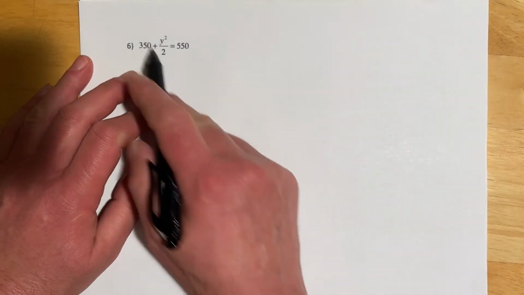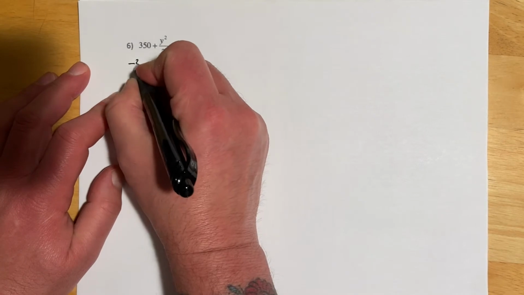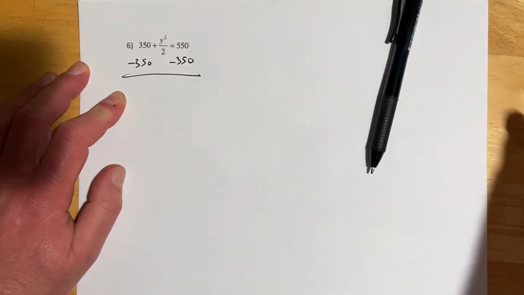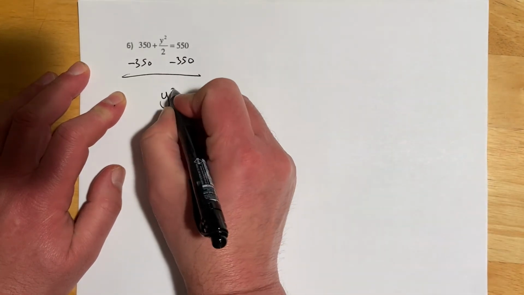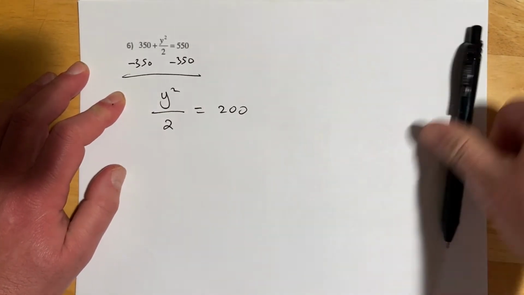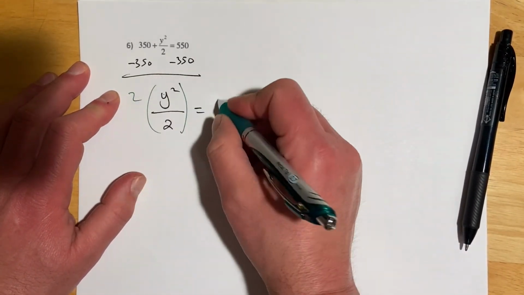So for number 6, we want to isolate the squared, so we're going to bring the 350 over, and we'll have y squared over 2 equals 200, and then we'll multiply both sides by 2 to get the square by itself.